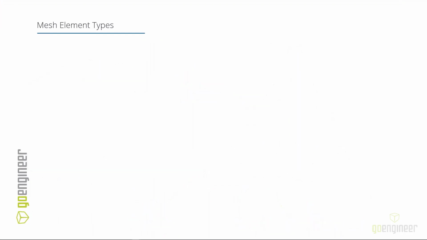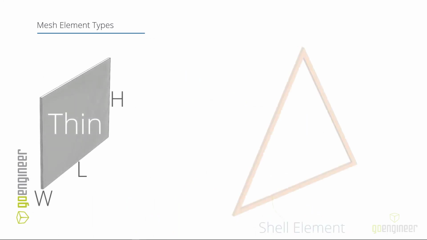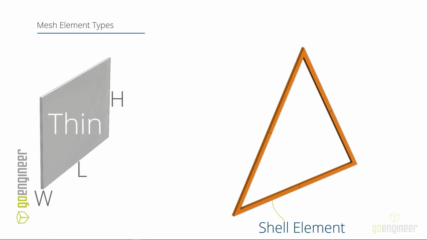The next type of geometry was thin geometry, right? And that has what we call a shell element. This is when our thickness is drastically less than the length or height. So think of a pane of glass, maybe a wall board, or the LCD screen on your monitor, something that's very thin but has a long length and height.